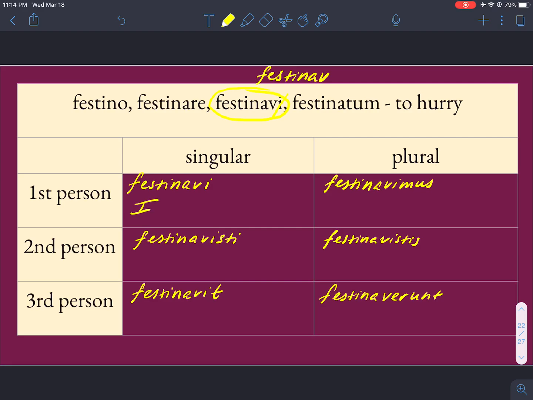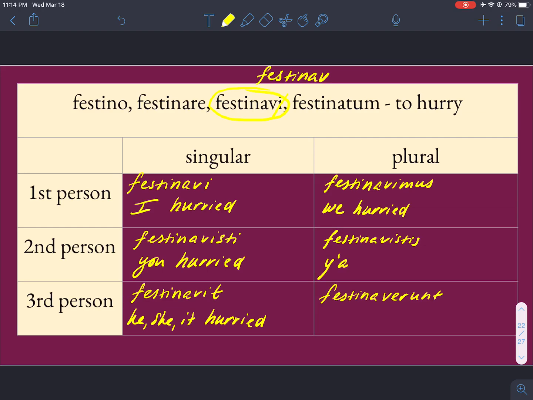So I hurried, you hurried, he, she, it hurried, we hurried, y'all hurried, and they hurried. Okay, so that's your answer for number 1.